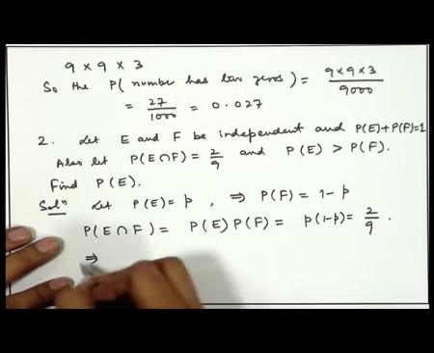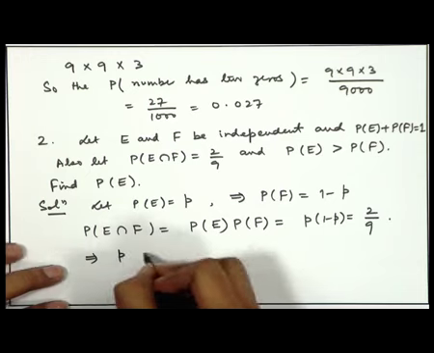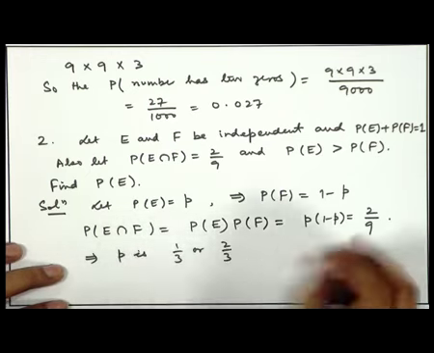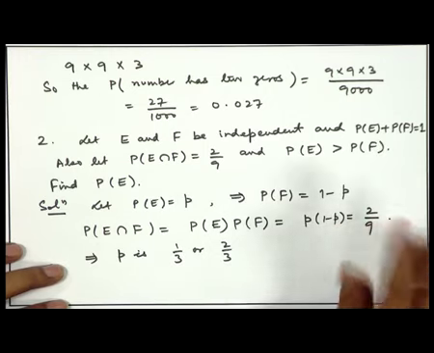As you can see, this is simply a quadratic equation. So, P can be 1 by 3 or 2 by 3, because for these two values only this equation will be satisfied.